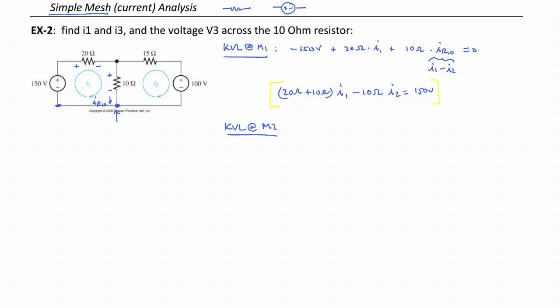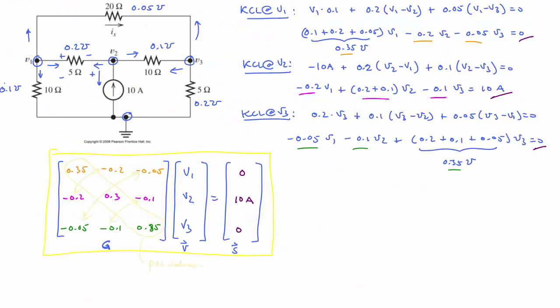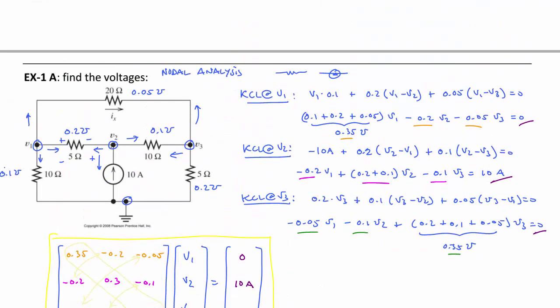Let me use a different color. Okay, we'll do purple here. So I'd like to now label the voltage across the resistor this way. And this is very analogous to when we were doing nodal analysis, that when I was doing KCL at this point, I would label current going through this 5 ohm as going from left to right.